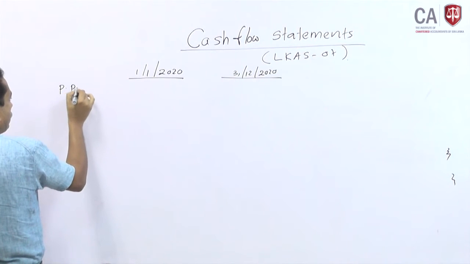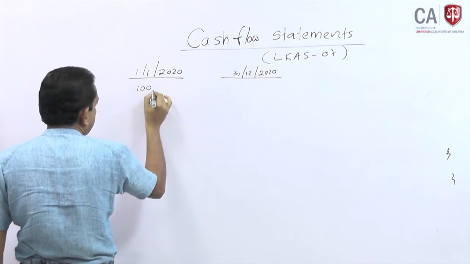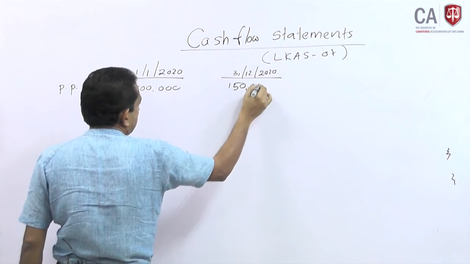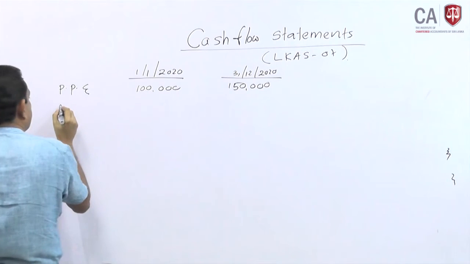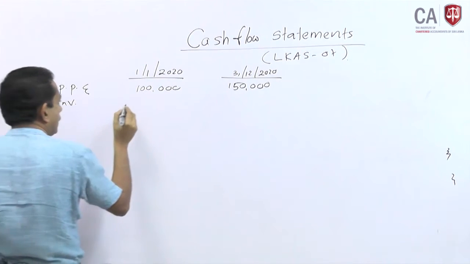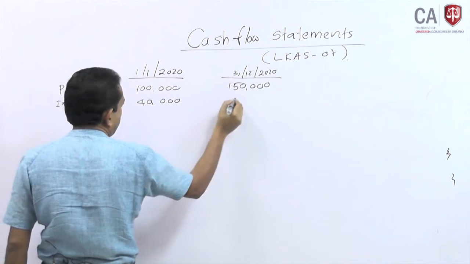Property, plant and equipment: beginning balance is 100,000, closing balance is 150,000. Investments: beginning balance is 40,000, closing balance is 60,000.